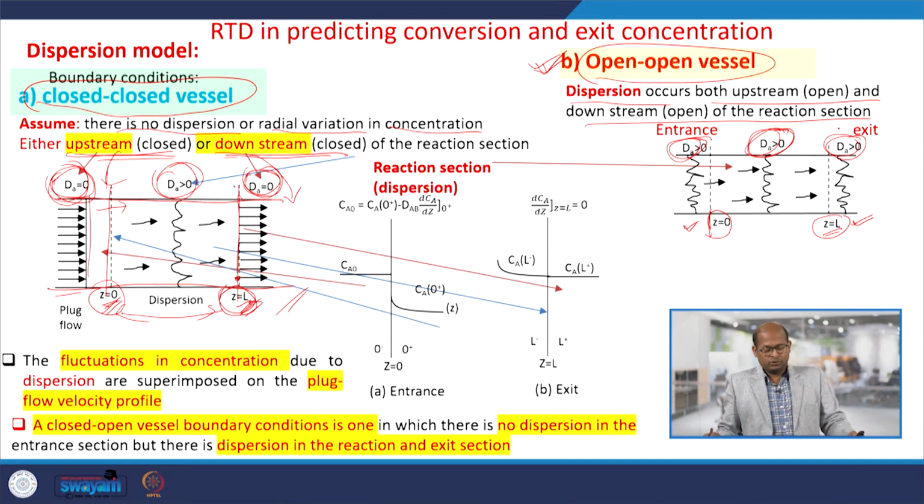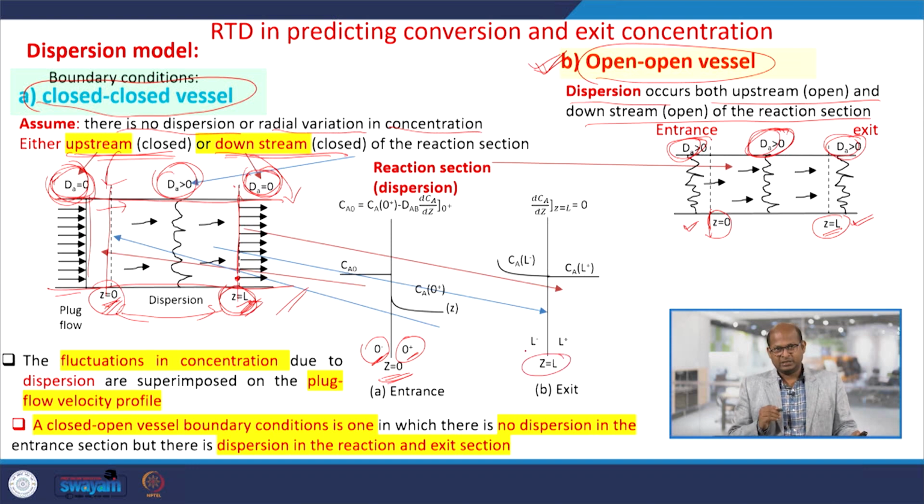Okay, so here see z equals 0. Just very close to 0 on the left-hand side is 0 minus, and 0 plus indicates just to the right. So this point is 0, but 0 minus is just the left-hand side and 0 plus indicates the right-hand side.